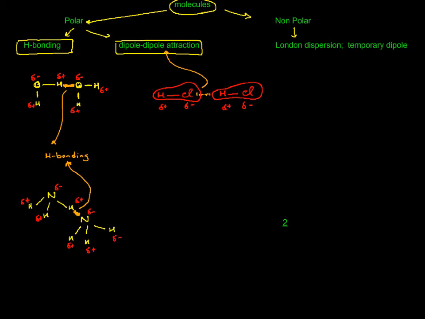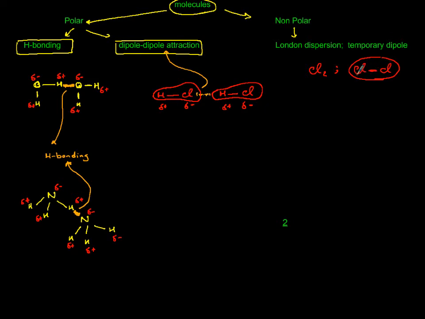For London dispersion, then again, you should imagine what happens with these nonpolar molecules, for example, if I give you Cl2, and if I give you two Cls attached to each other like this, they have equal electronegativity, so the bond between them is shared equally.